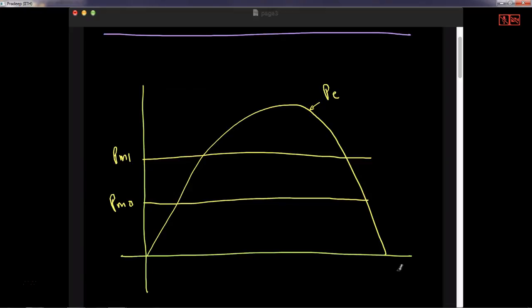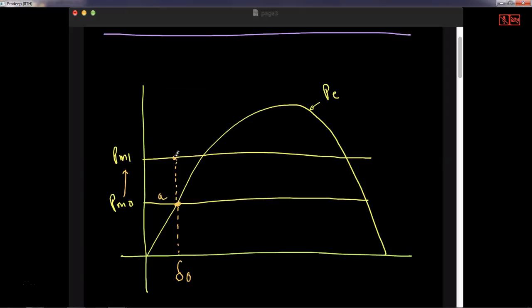I am initially operating at this point, and delta naught is my initial angle. Let's label this point as A. So when I increase the power from Pm0 to Pm1, from point A I'll move upwards.